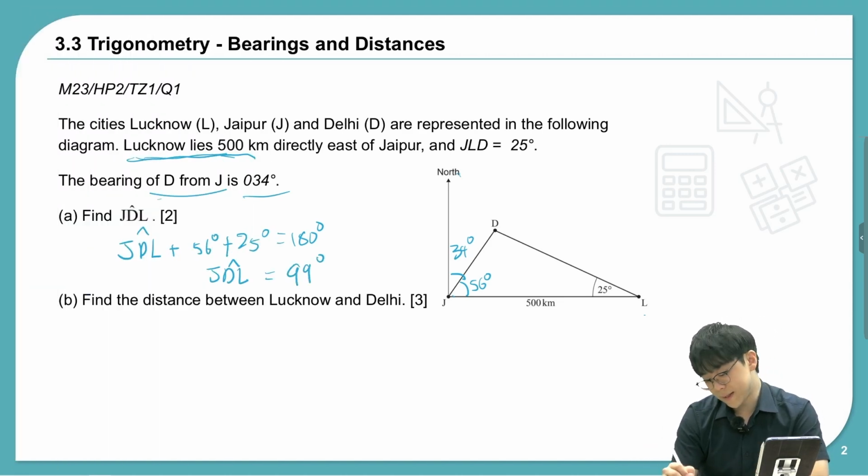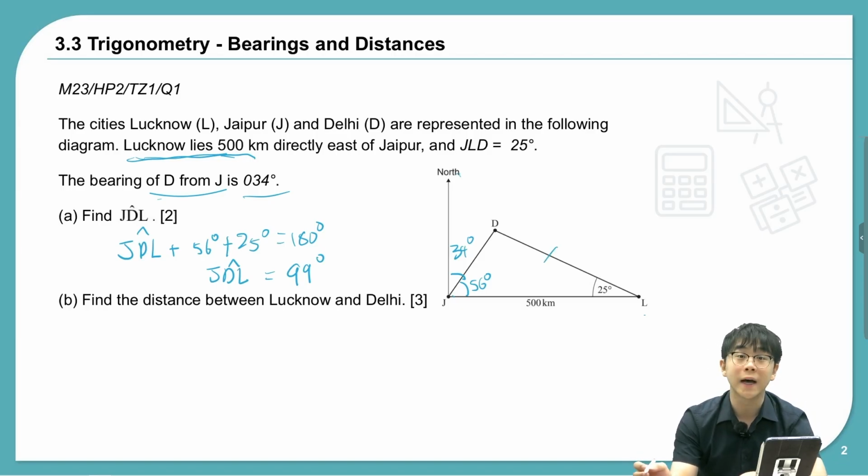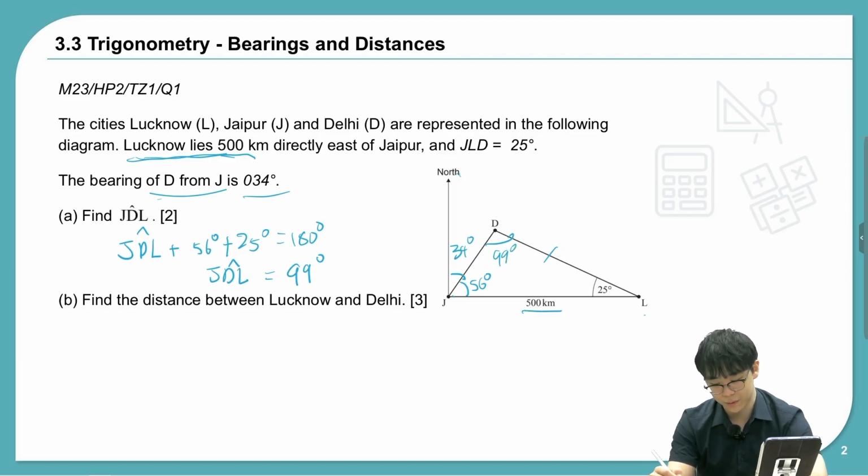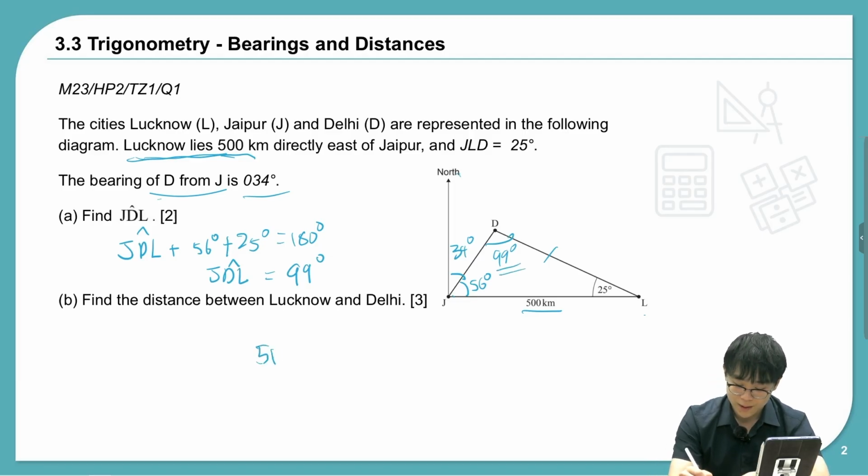And if you want to find the distance between city L and D, we want to find the length LD. We're given a bunch of angles here, and we want to use a sine rule, right? It's especially important since we know this side length and the angle, and these are directly across one another. So we have 500 over sine 99 degrees, and we can say that this ratio is true for all other angles, right?